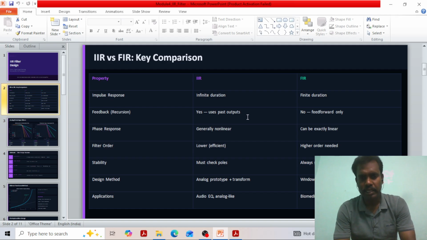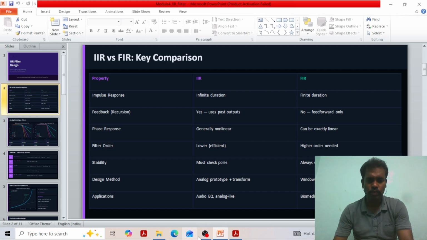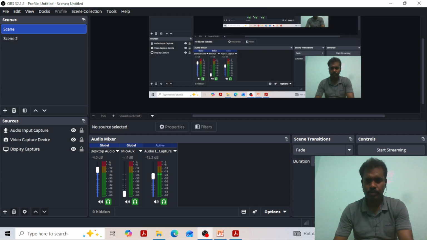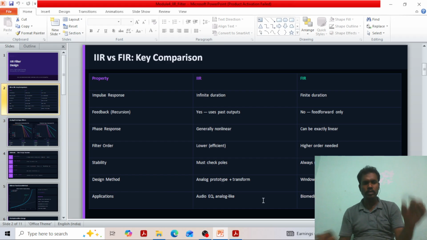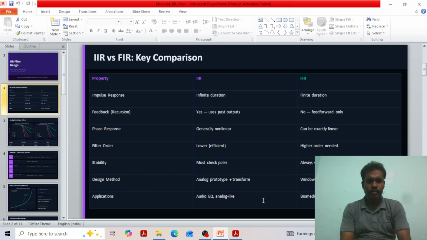And phase response, you see, for any system phase response is very much important. Hence the phase response of any system should be linear. If it has a linear phase response, it means the phase is changing linearly with respect to frequency.